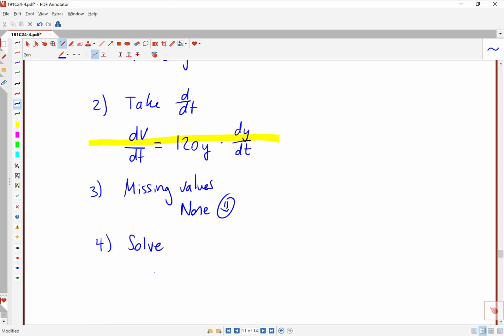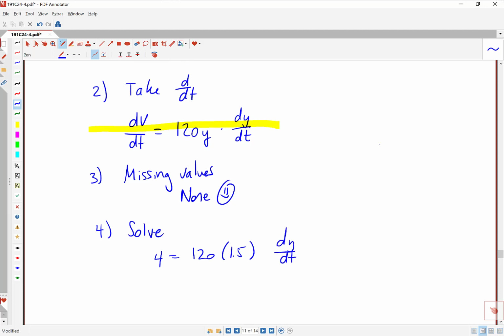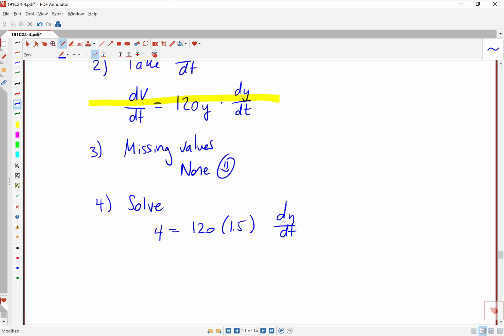Plugging into our highlighted equation, 4 equals 120 times 1.5 times this dy by dt value that we're trying to solve for. 120 times 1.5 is 180, so we can say dy by dt is equal to 4 over 180, or approximately 0.02.